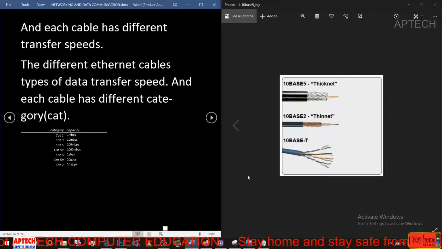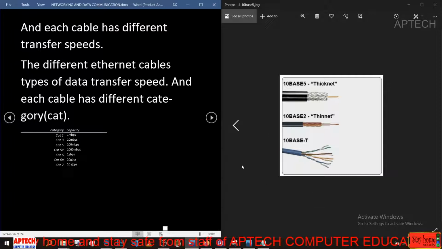Then Cat 5 is 100 Mbps, so it is 100 base T. Then Cat 5e is 1000 base T. Then Cat 6, same 1000 base T, like that.